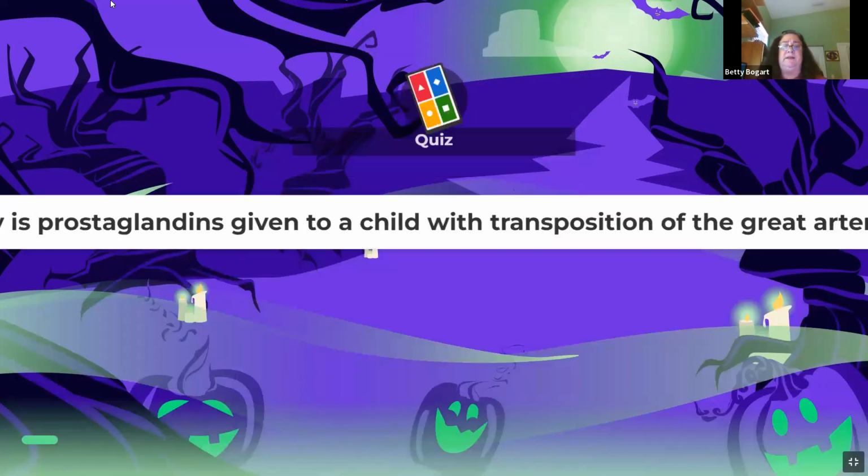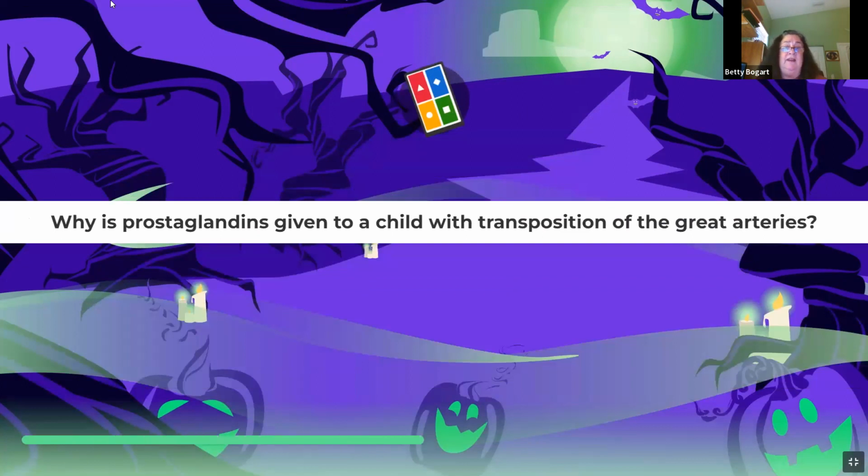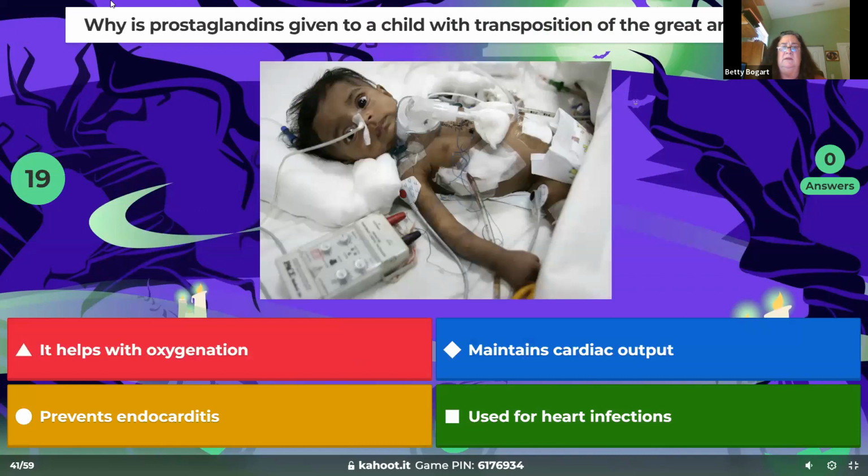A multi-select. Why is prostaglandins given to a child with transposition of the great arteries? Remember, you have blood flowing and it's not mixing. Okay, you have oxygenated and unoxygenated. They need to mix. Why?